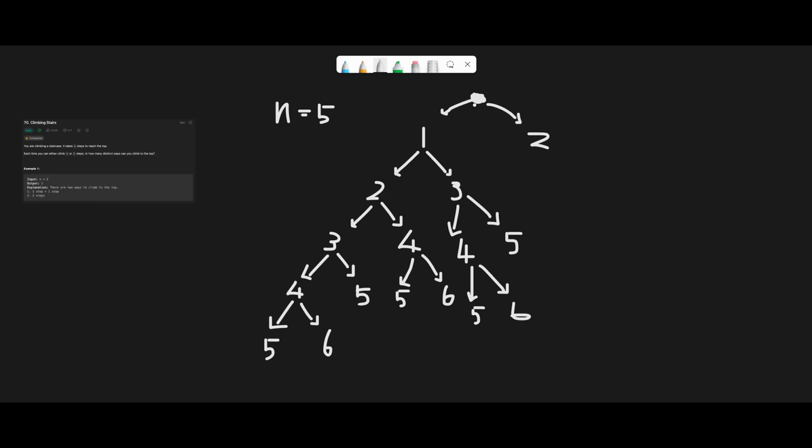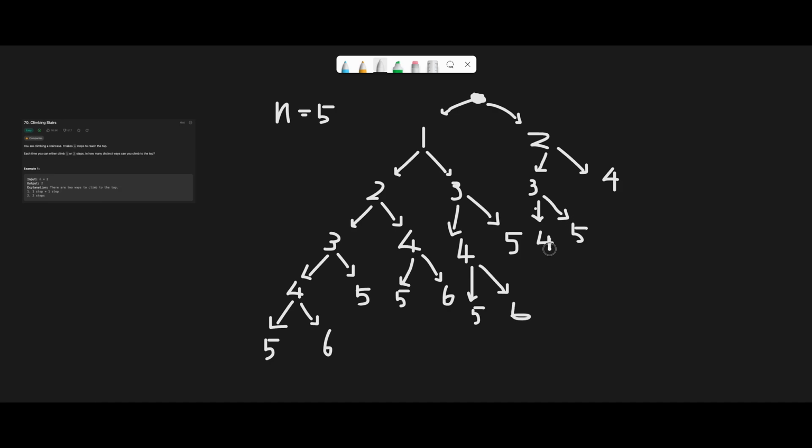And so let's think about when we take 2 steps from the first place. In that case, again, we can take a 1 step, so that should be 3, or 2 steps, that should be 4. And then take a 1 step, 4, and 2 steps, 5.